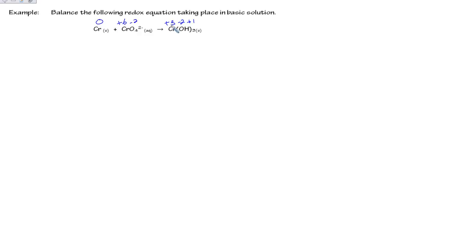How about this chromium solid going from an oxidation number of 0 to an oxidation number of plus 3 in the chromium hydroxide. So here's one half. This is the oxidation half. I'll have the chromium turning into chromium hydroxide.